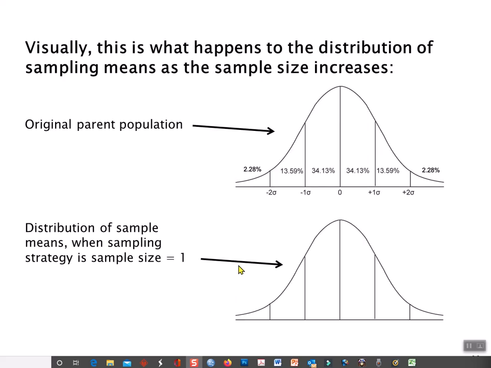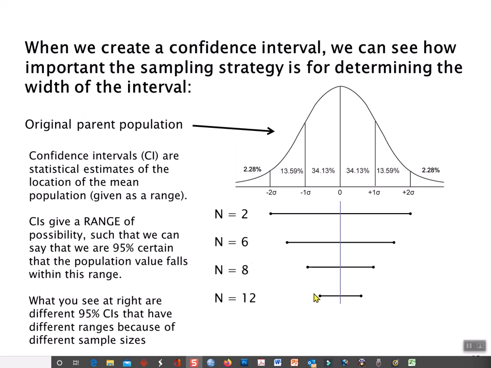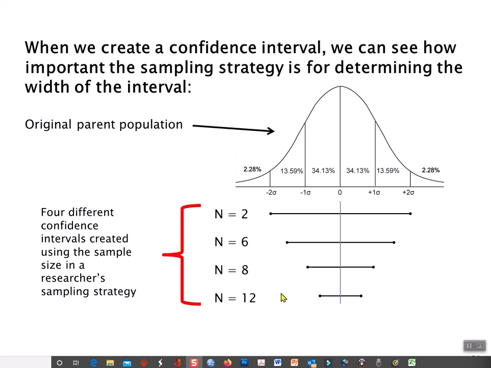So let's say we have a sample mean right here, where the cursor is. We would take this interval and place it around where the cursor is, and that would be the confidence interval around the sample that we collected.